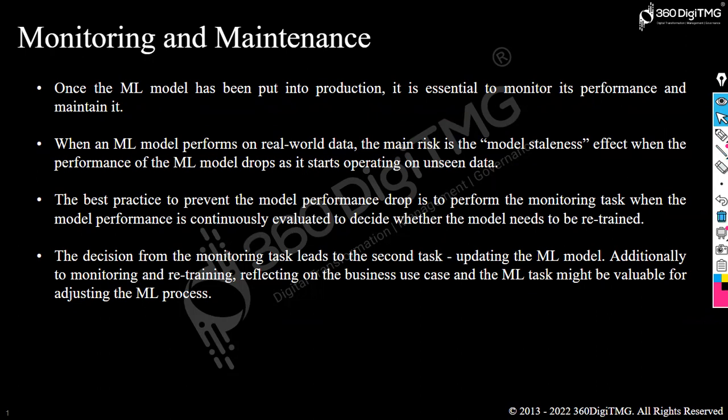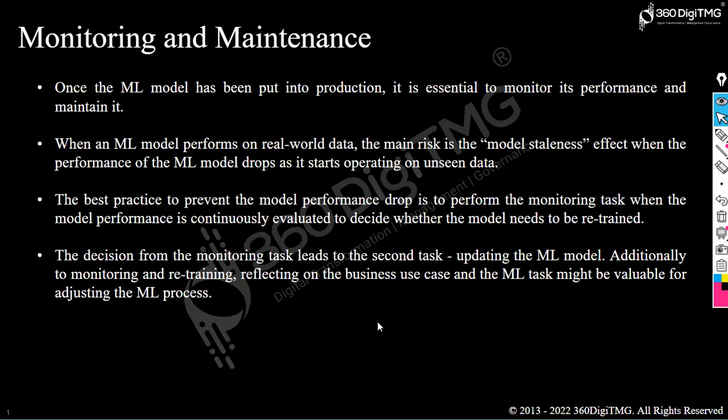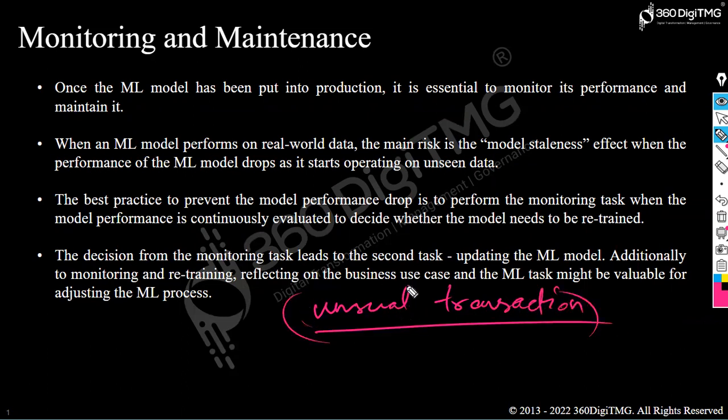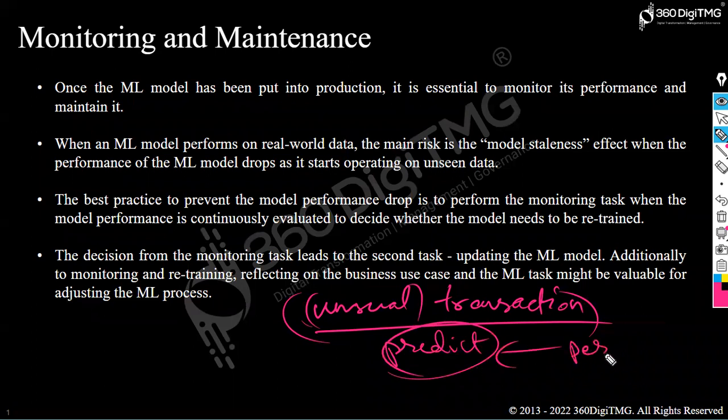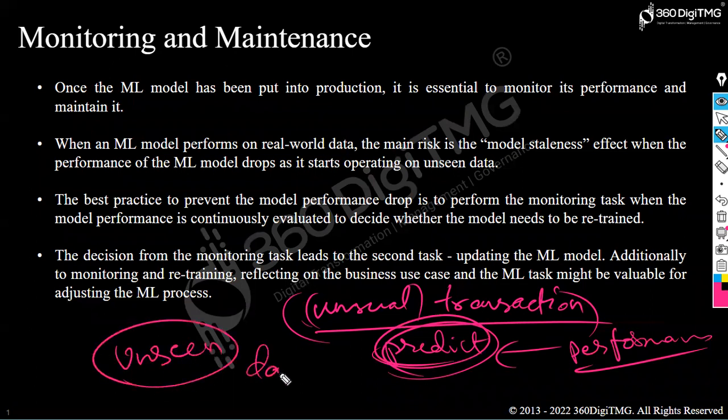Let's say, for example, we have trained the model to predict unusual transactions. So this unusual transaction will be predicted and informed. If this is not detected, there could be a drop in the performance of the model. Then we understand that it is not predicting properly. There could be possibilities of unseen data.